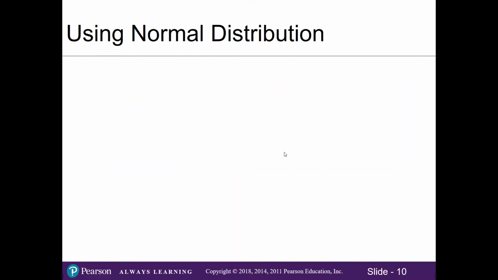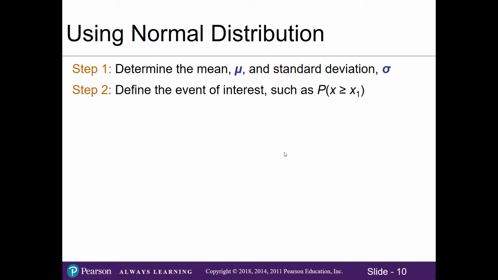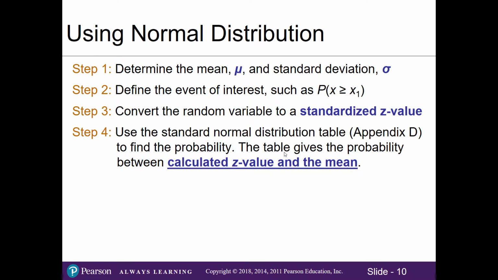So the steps to go through our normal distribution: the first thing we want to do is find our mean and our standard deviation, and then identify our event of interest. What is it we're trying to find the probability of? Then you'll convert the random variable into a standardized z-value. So I'm going to change my x's to z's, because once I do that, I can now go to Appendix D and find the area or the probability within my curve.